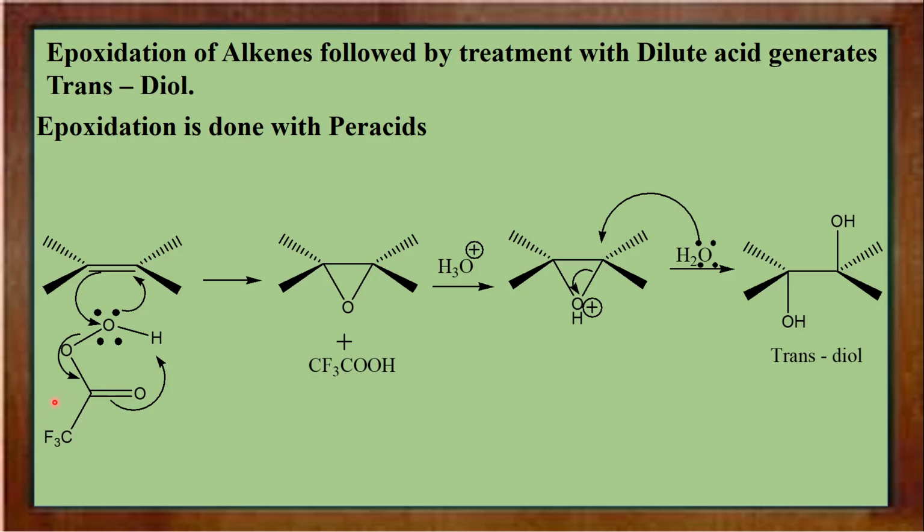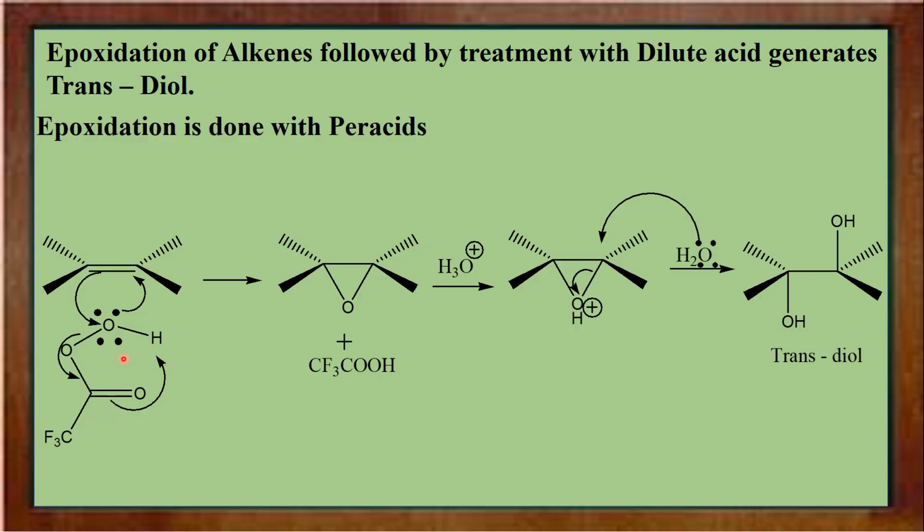So if the peracid contains electron withdrawing groups, it is more reactive with alkene. So the other peracids we are using very often are metachloroperbenzoic acid and other perbenzoic acids with the electron withdrawing groups.